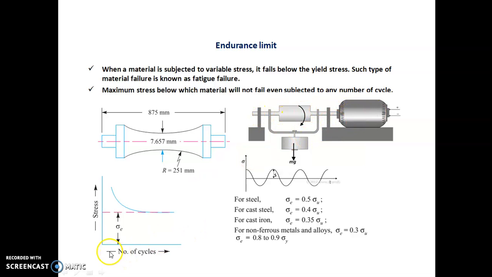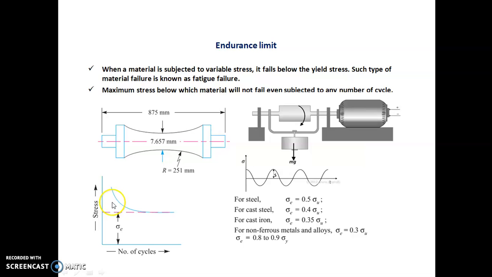The number of cycles is plotted along the x-axis, and the stress values are noted. This curve is called the SN curve. It is very important in design under variable stresses. The SN curve first decreases, then after a certain point becomes asymptotic, a straight line.